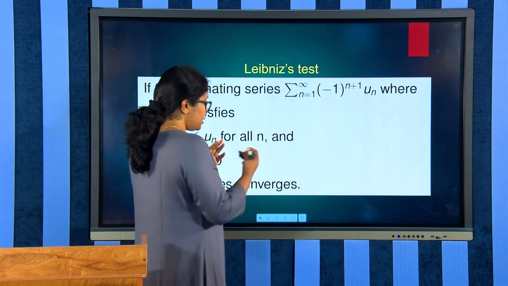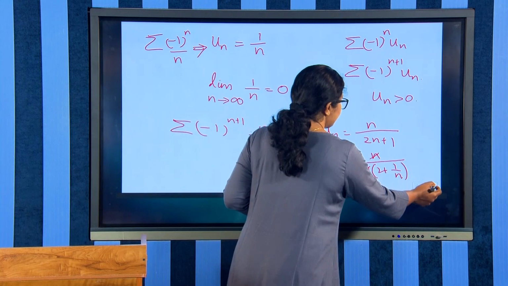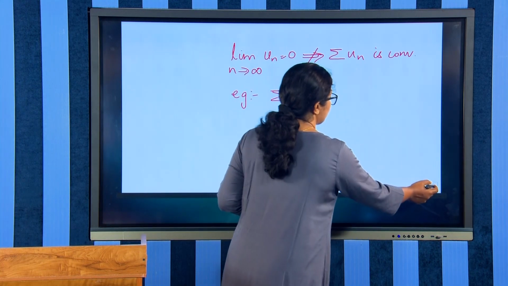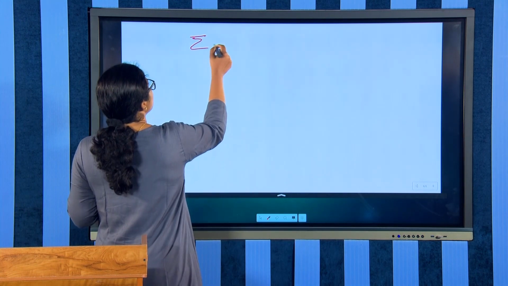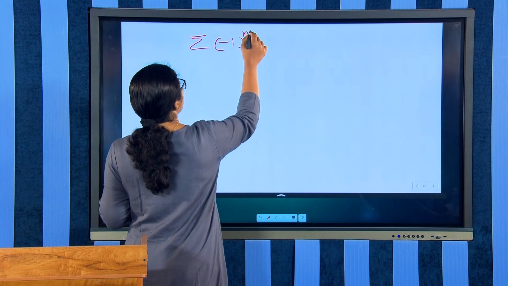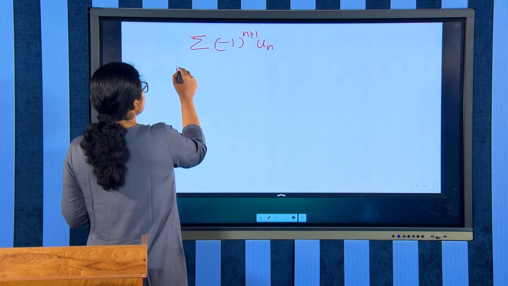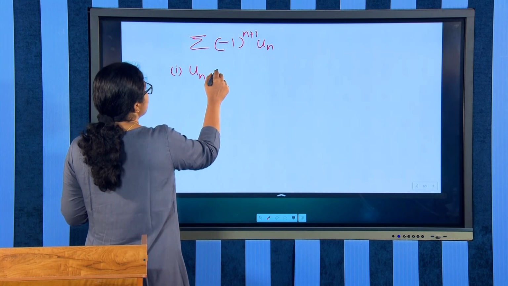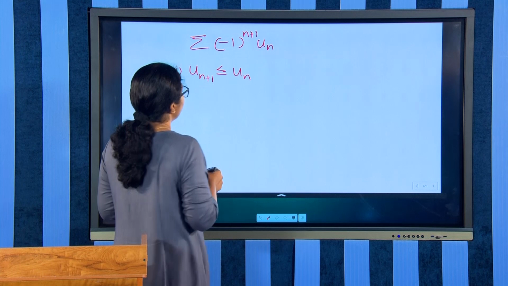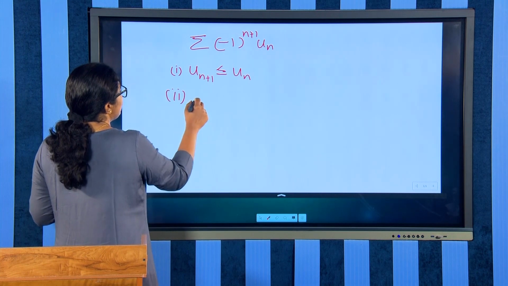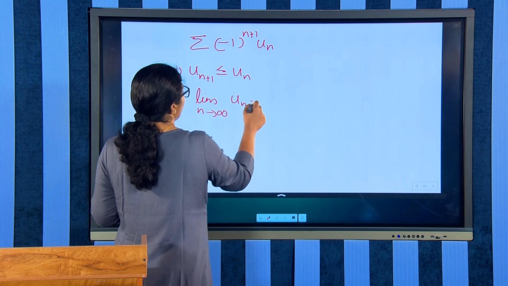Now, let us look at why Leibniz had established such a result. Using a picture, we can show that. Suppose you are given an alternating series summation negative 1 power n plus 1 un. First condition is un plus 1 is less than or equal to un, and second condition is limit n approaching infinity un equal to 0.